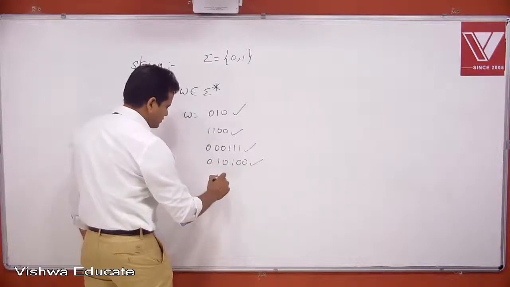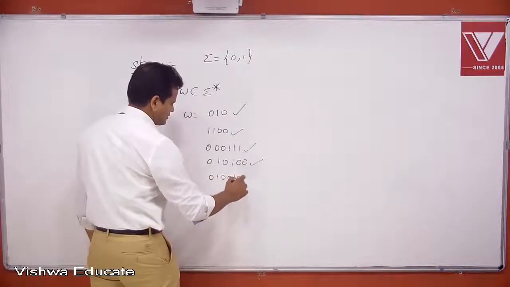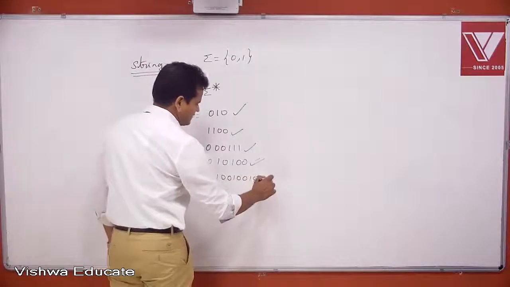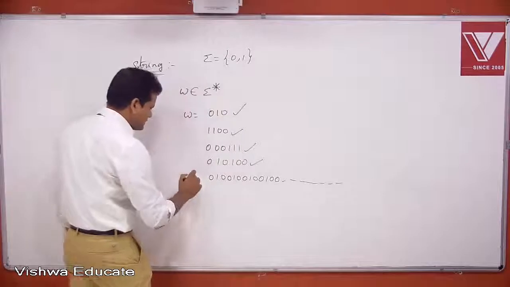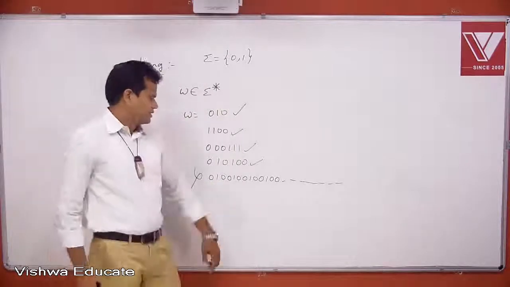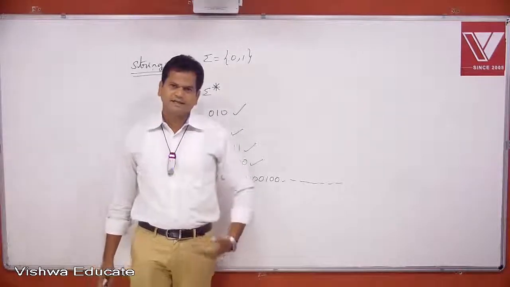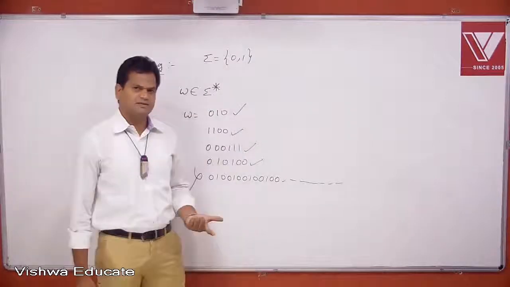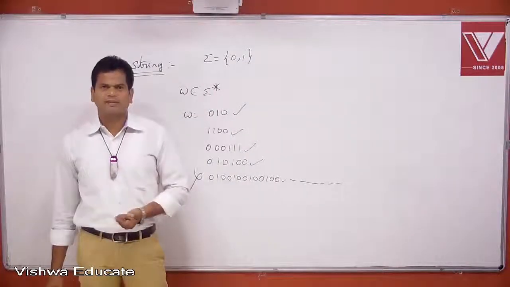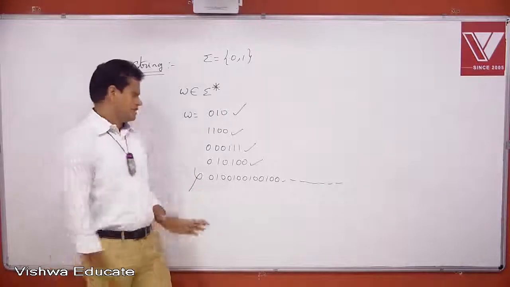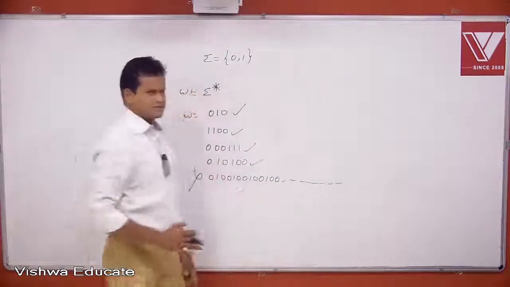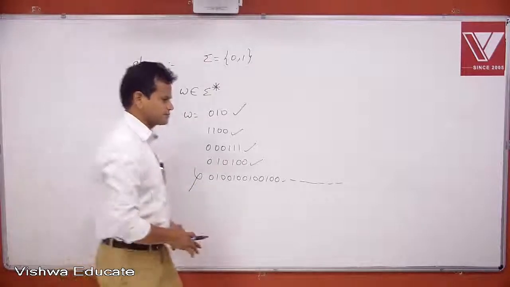Example, see this one, 010010010010. If I write like this with infinite length, this is not a string. You can take any combination over input alphabet, but that length should be finite. Okay, next.